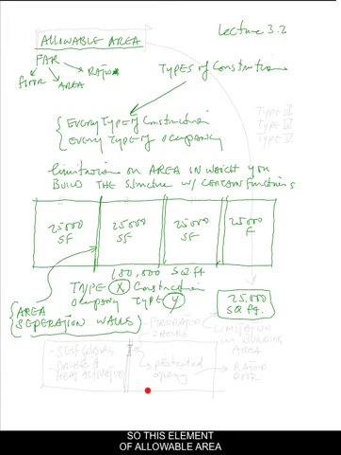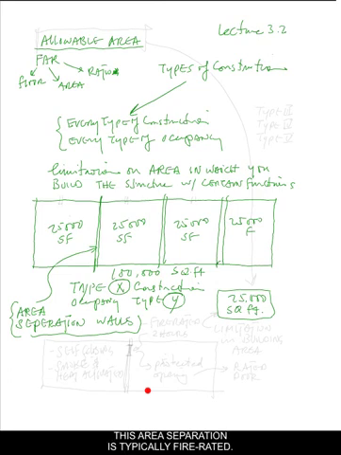So this element of allowable area has to relate to this, and then of course the area separation wall, which you hear quite a lot in the process of designing buildings.